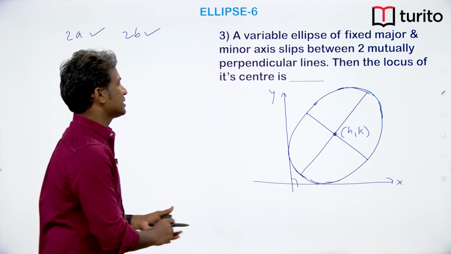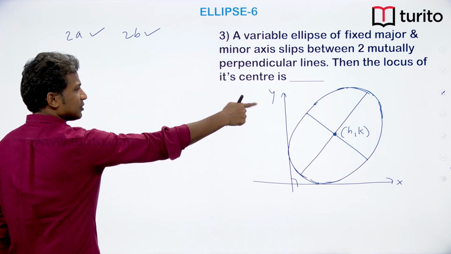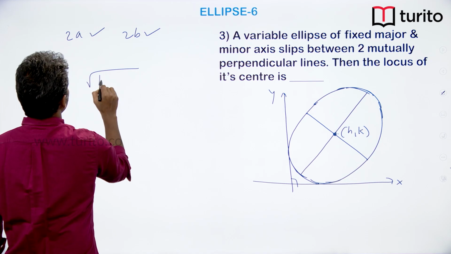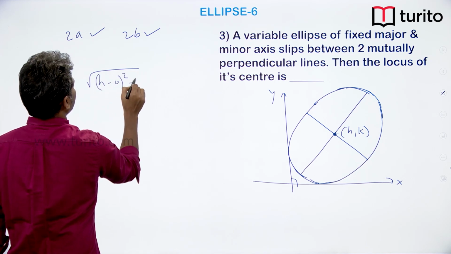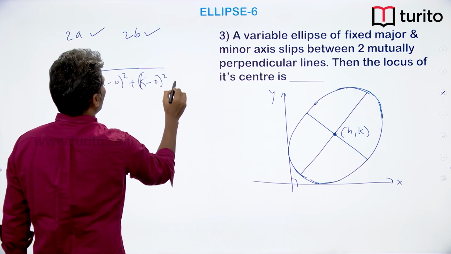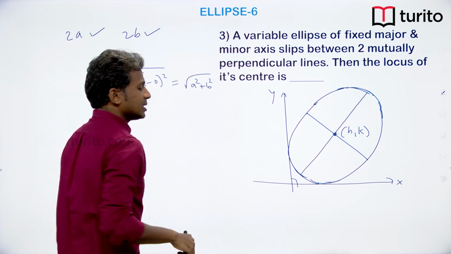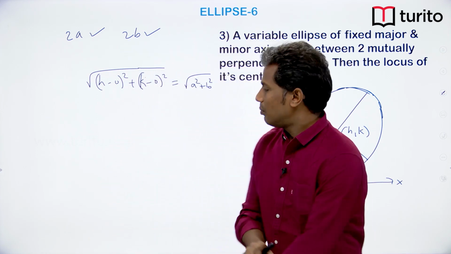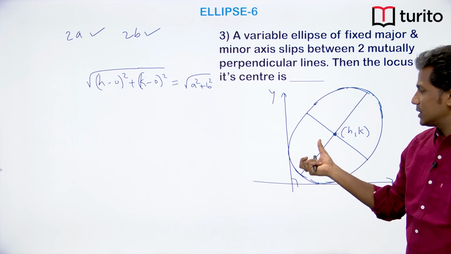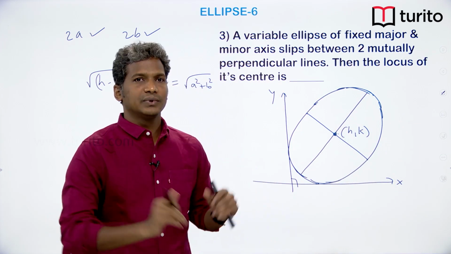So that means basically what are we getting as the locus? The distance of that point h comma k from the origin is always coming out to be root of a square plus b square, which is the radius of the director circle, because no matter in which orientation the ellipse is, these two lines are always perpendicular tangents. Okay.